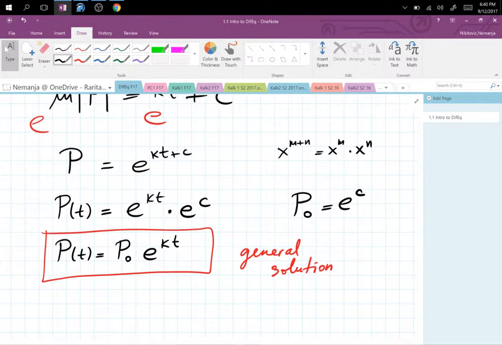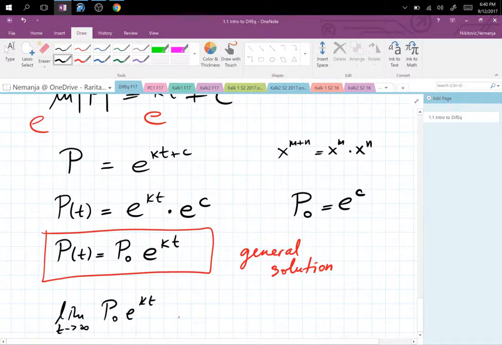I'm going to actually take the limit as time goes to infinity and just see that the whole model is garbage on infinite scale, because we know that this planet cannot have infinite population of whether it's people or bacteria or rabbits. Infinity doesn't fit on the surface of the planet, that it's finite. So if I just quickly take the limit as time goes to infinity of p0 e to the kt, I see that the answer is positive infinity.